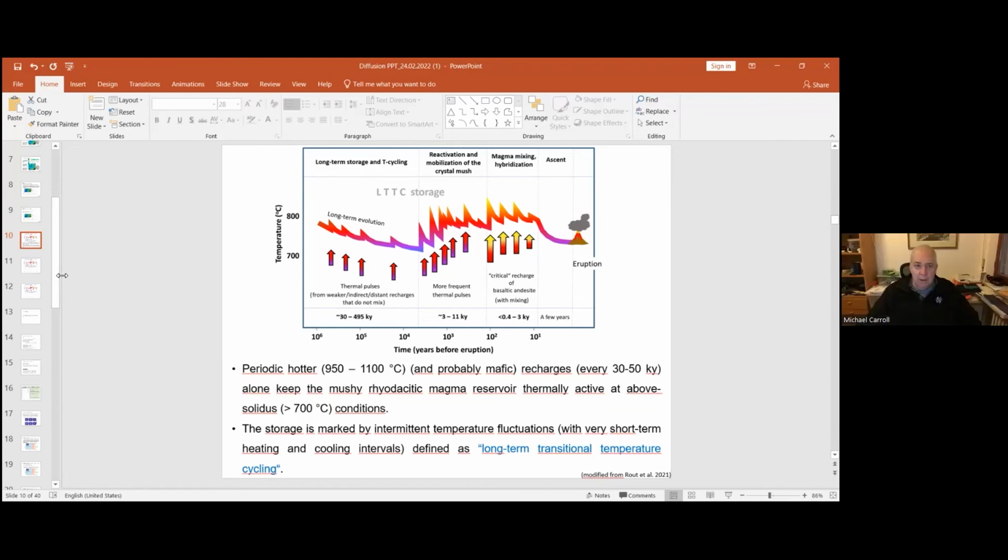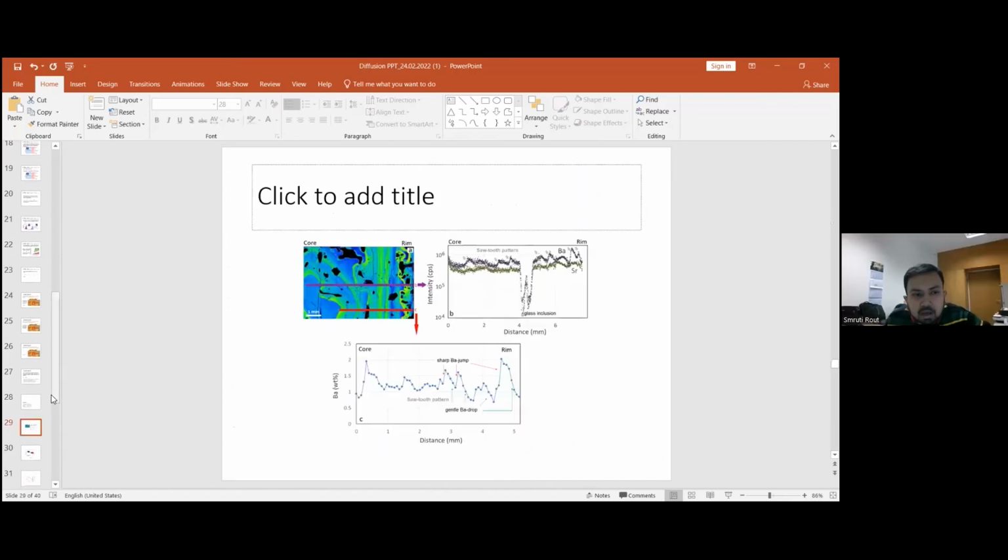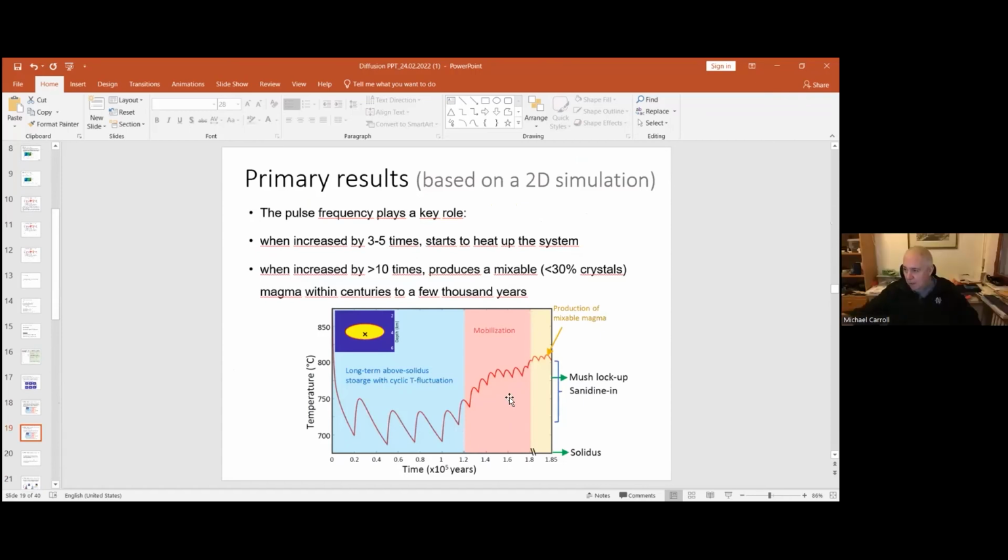Yes, but according to your temperature time diagram, with the blue and the pink and the yellow bands, for the last several thousands of years, they've always been above the sanidine liquidus temperature. So they should have been dissolving a lot. Okay. I don't have the number of the slide, but I made a copy of it. Yeah, this one.